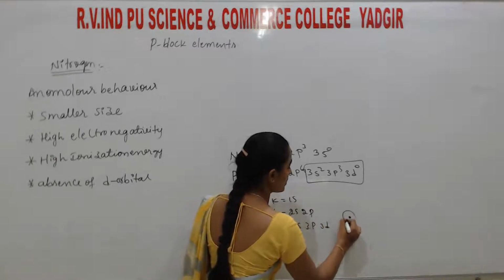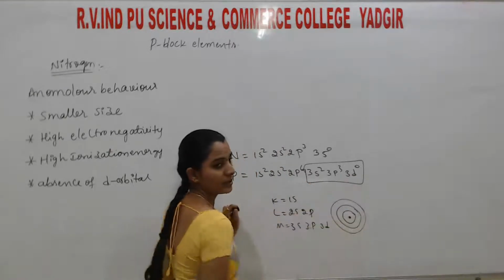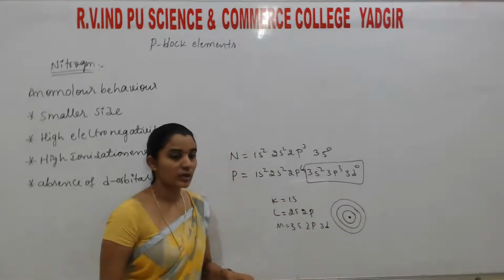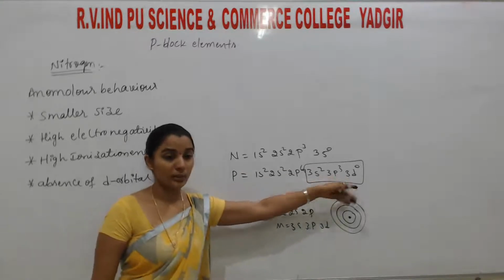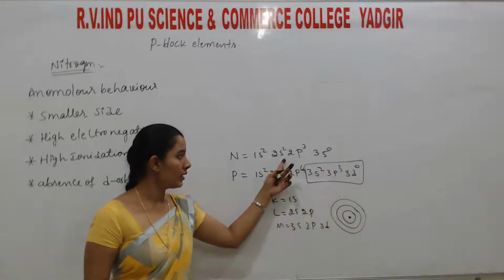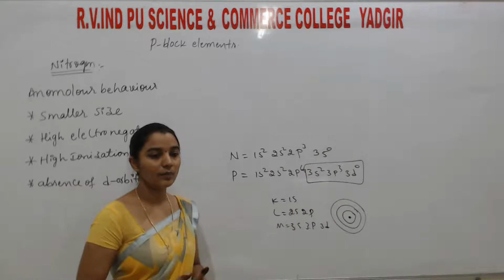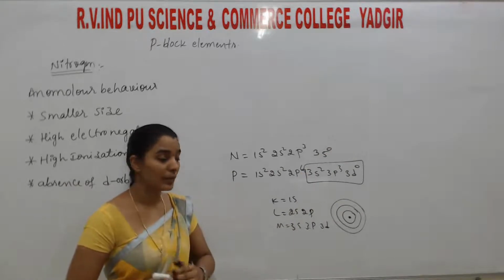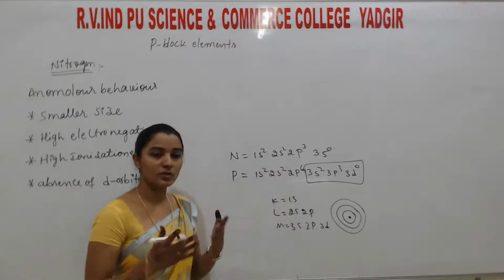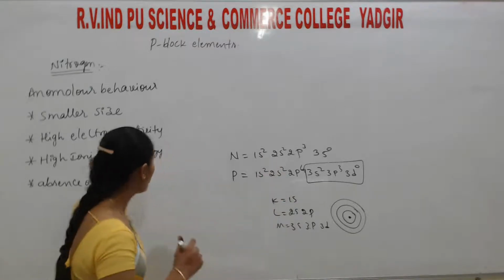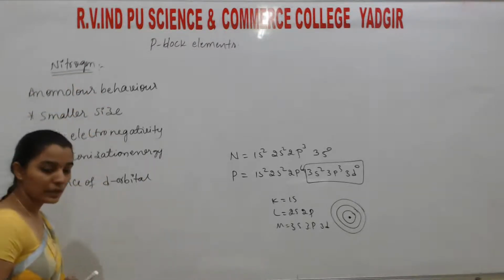In the same shell, a d orbital is there. So after phosphorus, each element includes a d orbital. But here, after the 2s, 2p, there is no d orbital, directly the 3s orbital will come. So there is an absence of d orbital, only K shell and L shell are there. In the L shell, there is no d orbital. Understand? So that is the reason why nitrogen behaves differently.